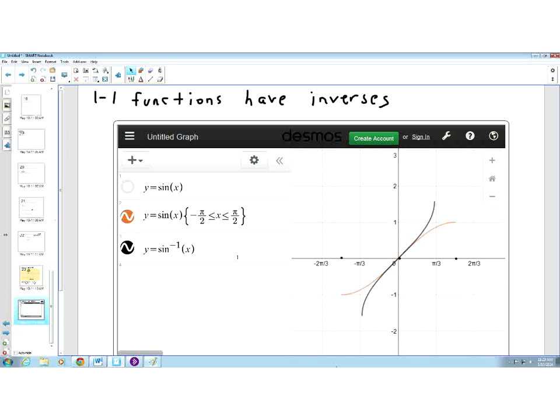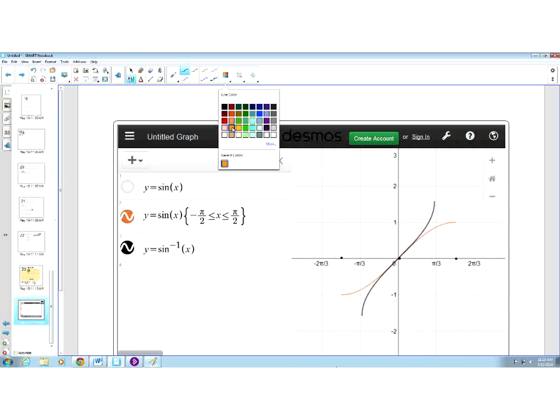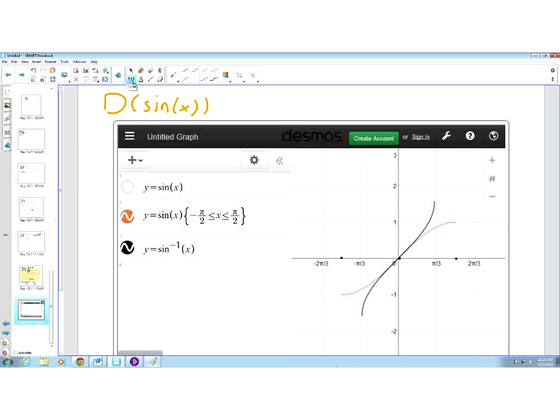All right, so what is it about the inverse? Let's compare the orange and the black curves. No, this isn't Halloween. Now, when I restrict the domain of the sine function to negative pi halves to pi halves, we've got what's called the principal sine function.